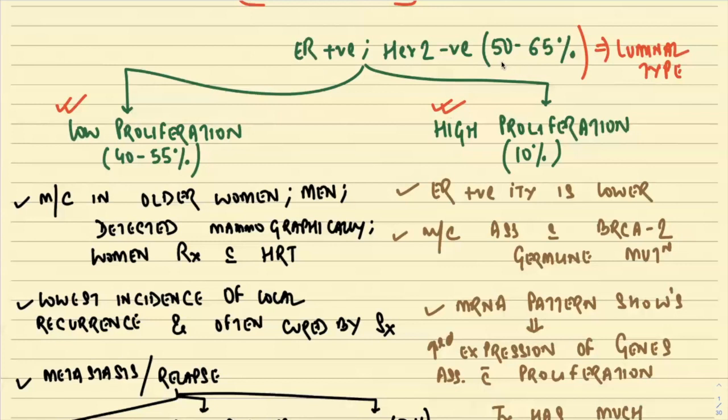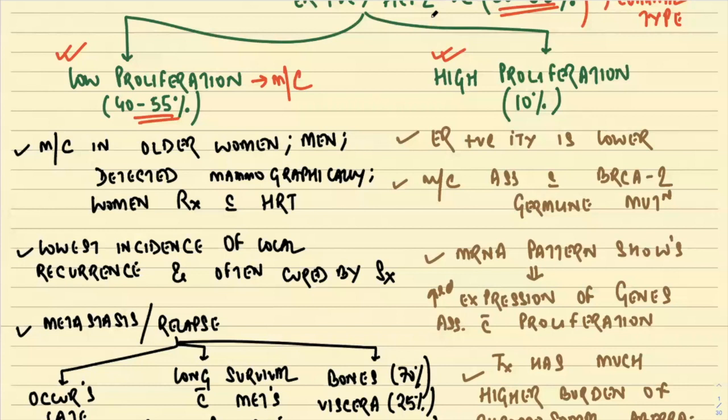Based on gene expression profiling, the luminal variety, constituting 50 to 60% in total, is divided into low proliferation and high proliferation. The low proliferation variety is the more common, constituting 40 to 55%.